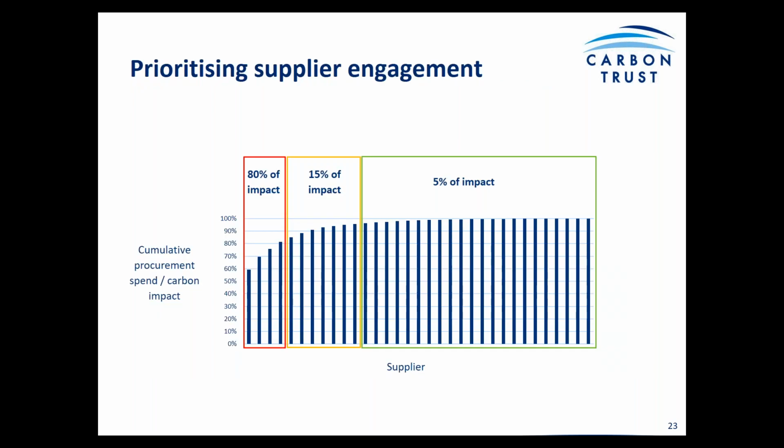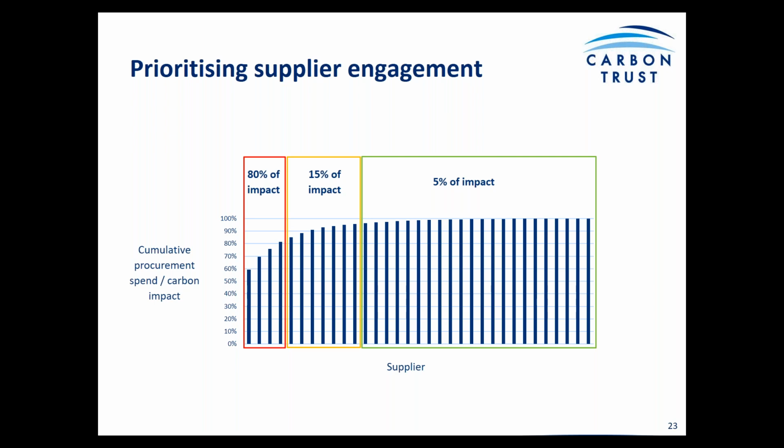So if we think about the top left quadrant in the supplier engagement and interventions for increasing supplier performance, we can see, and we have helped many companies in this area by looking at their spend in this way.